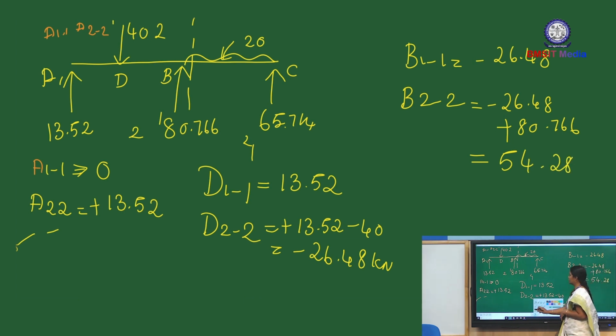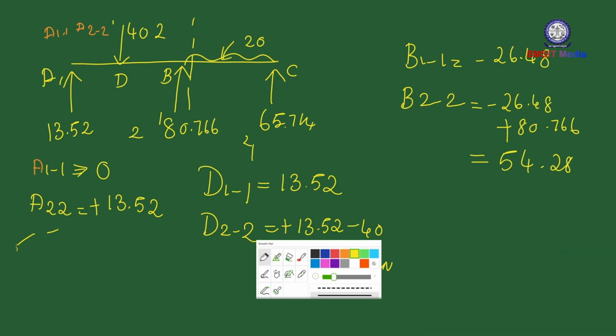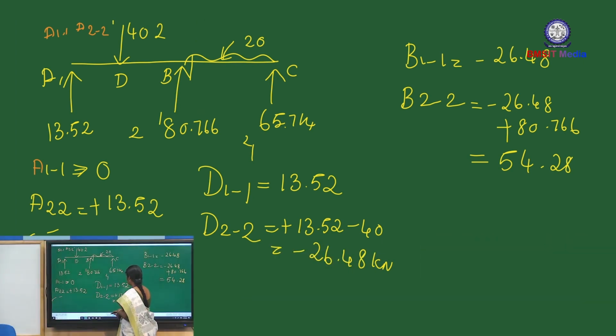So now C11. C11 means this is C11. We have to consider this UDL load also. This is acting downward, and downward means negative sign.